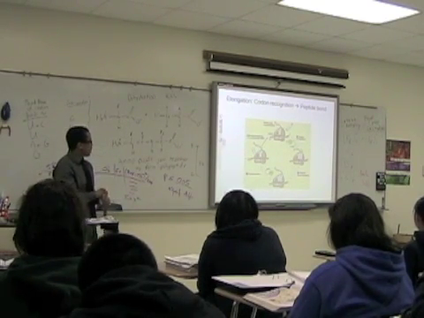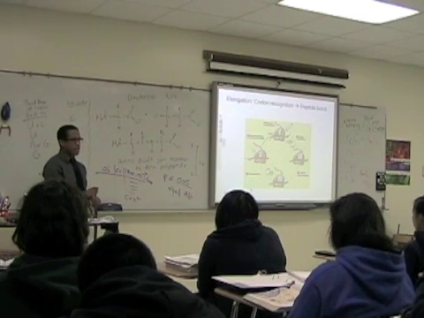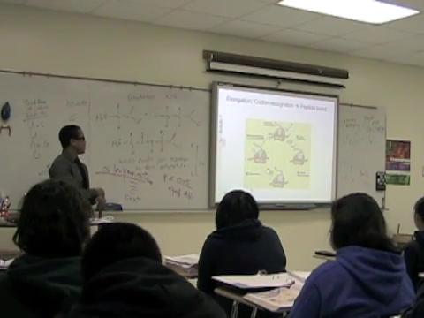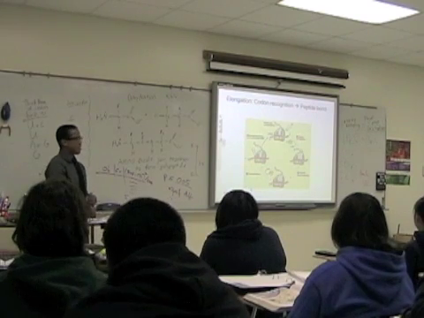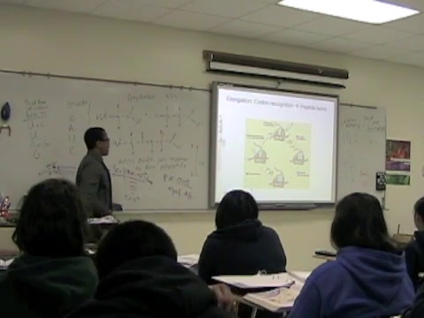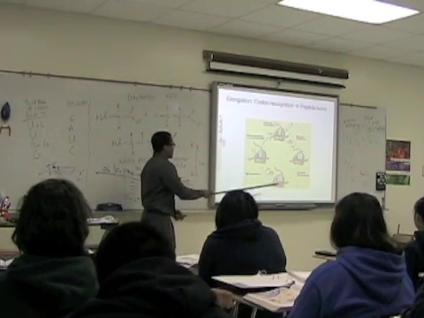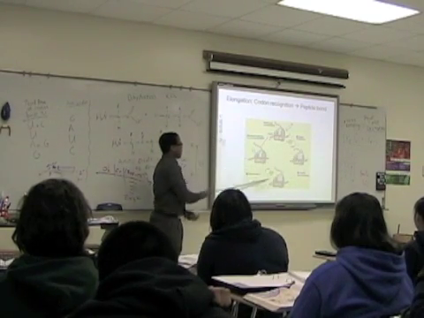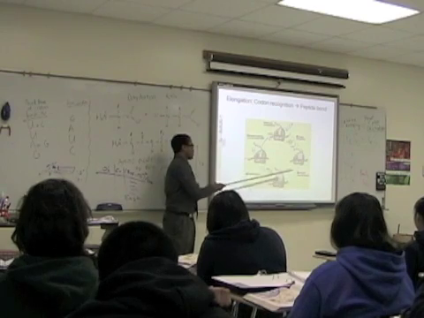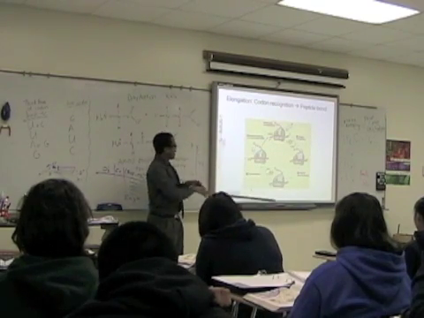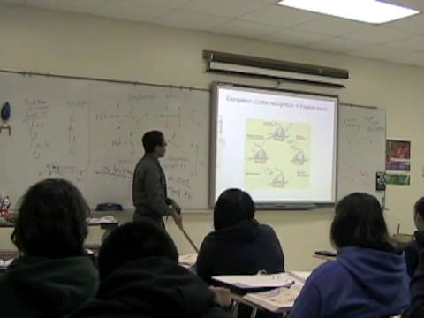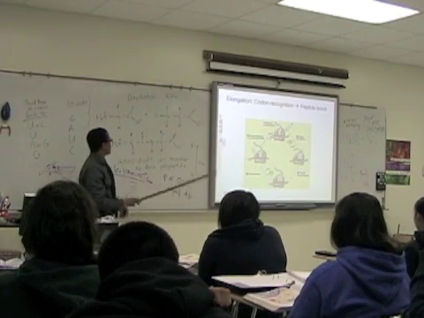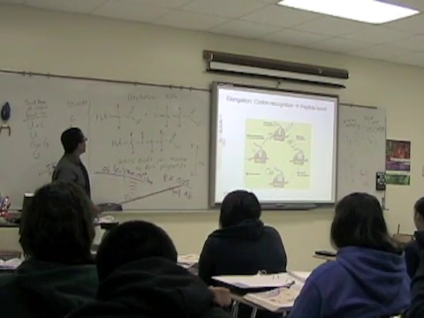Amino acids are added to the polypeptide chain from the P to the A site. So basically, the ribosome is moving to the right. It's kind of like sliding back and forth. And when this happens, the reaction is catalyzed to form a polypeptide.